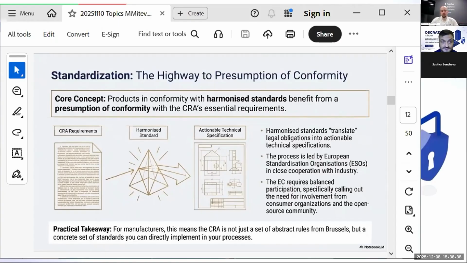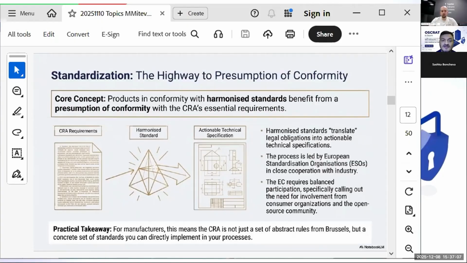So, one of the strongest messages from the Commission is that standards are now the main mechanism for compliance. If a product follows harmonized standards, it receives presumption of conformity with the CRA's essential requirements.